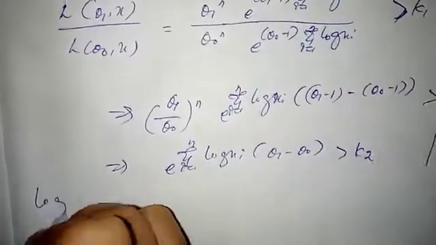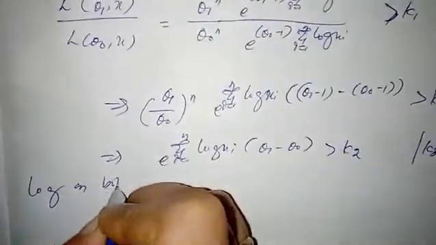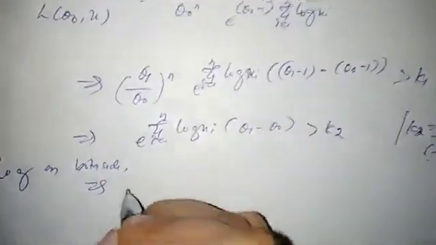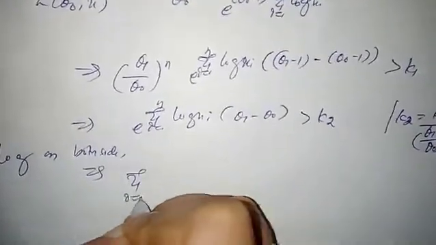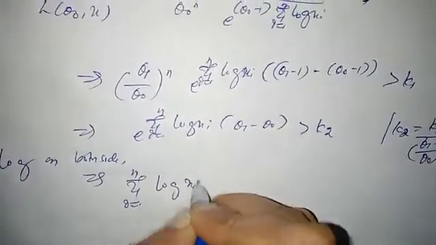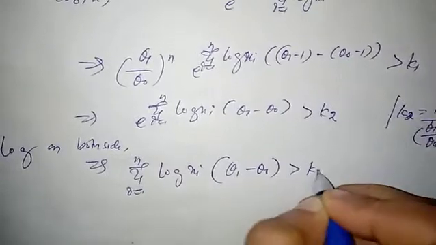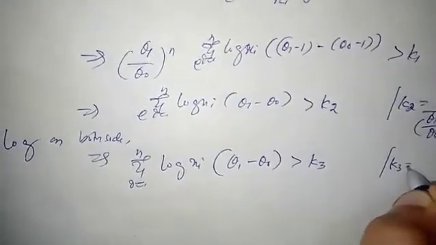Which implies here we will take log on both sides. Then you can get summation i equal to 1 to n log xi into (theta 1 minus theta naught) greater than k3, that is k3 equal to log k2.